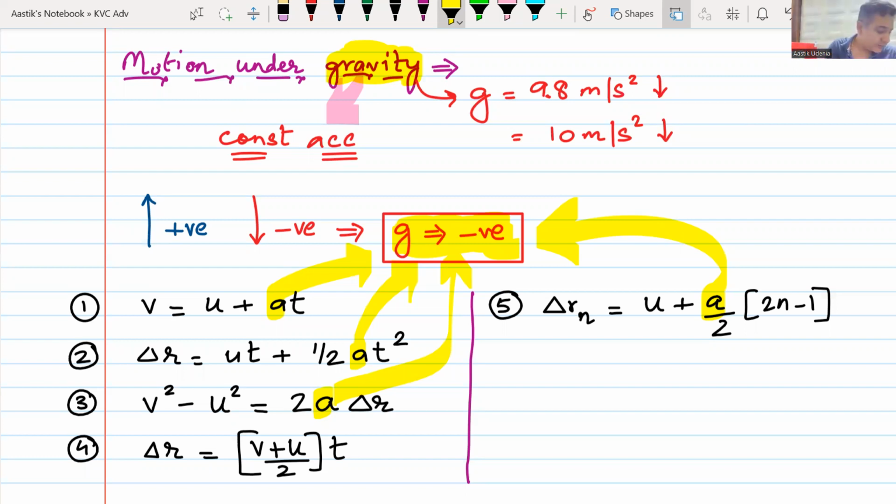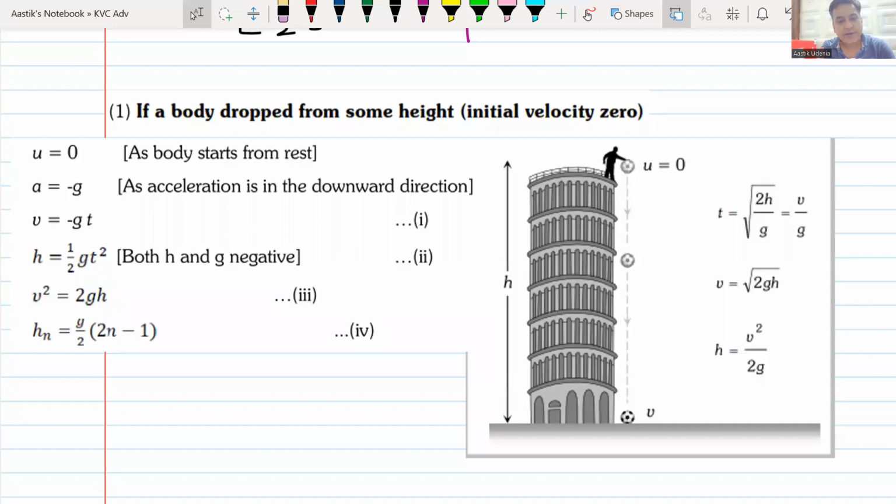And I bring you to the next screen. Okay, so here this is case number 1, the simplest of all cases.